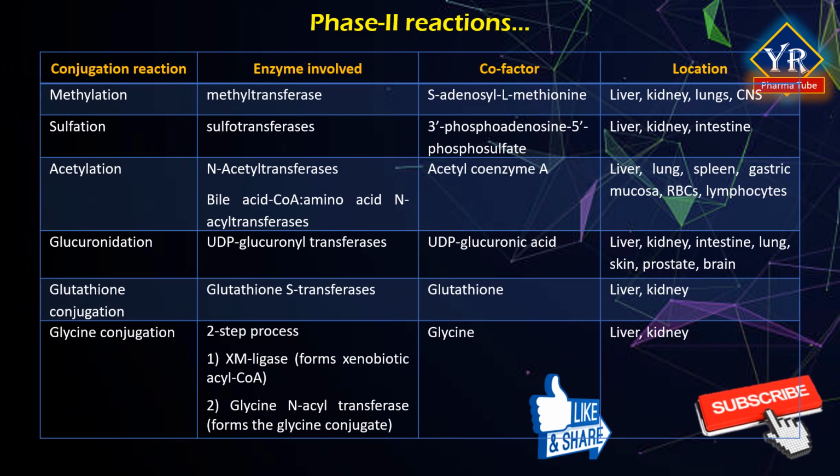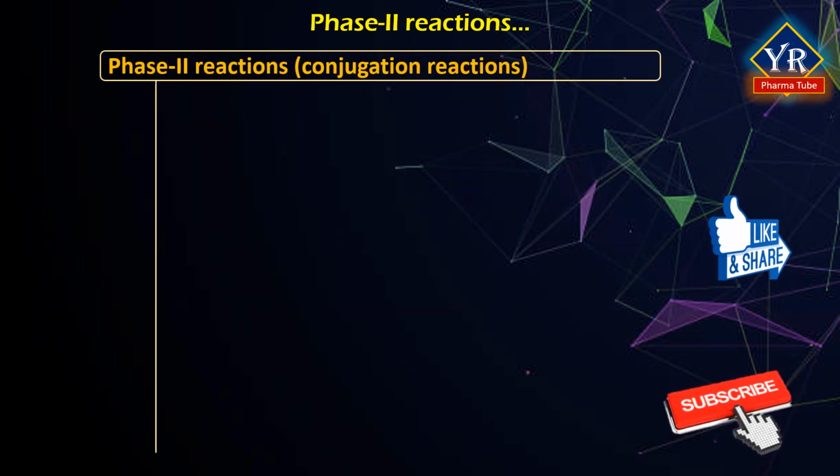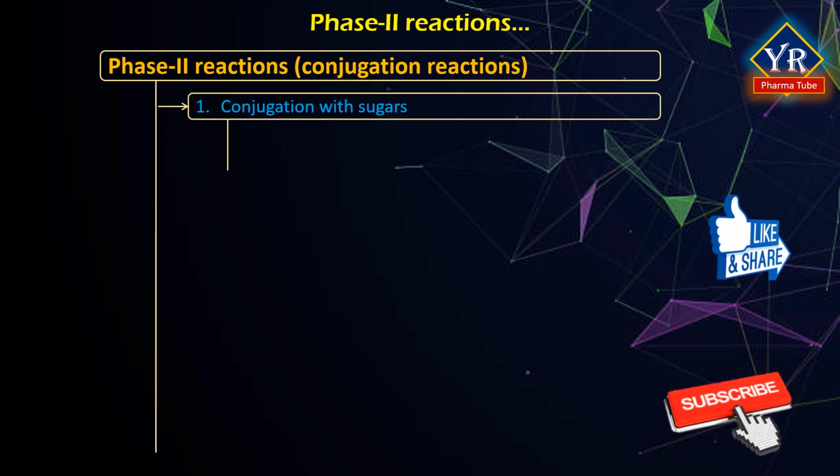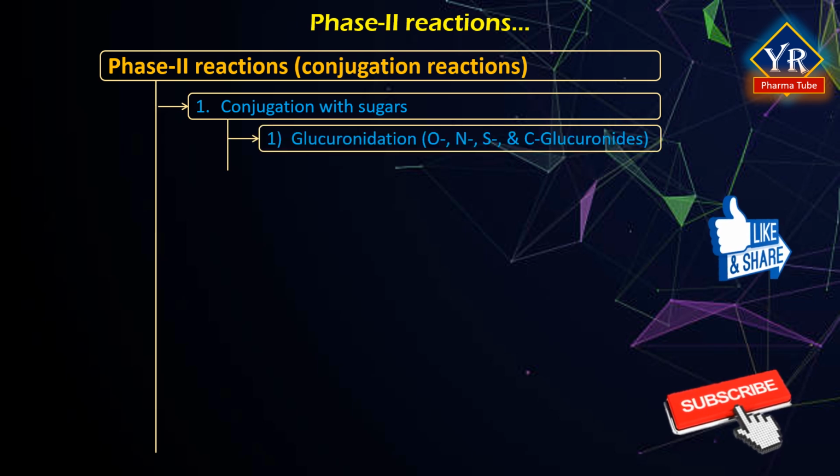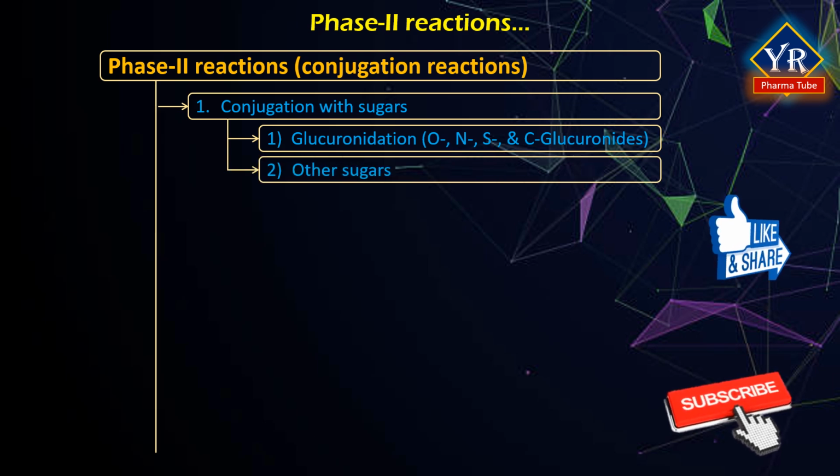The table given here gives the information of the type of conjugation reaction, various enzymes involved, the cofactors, and the location of enzymes utilized in phase 2 reactions. Phase 2 reactions are divided into several types, which include conjugation with sugars, which are further classified into glucuronidation, that is, the conjugation with glucuronic acid, which may be of O, N, S, and C glucuronides, and conjugation with other sugars.